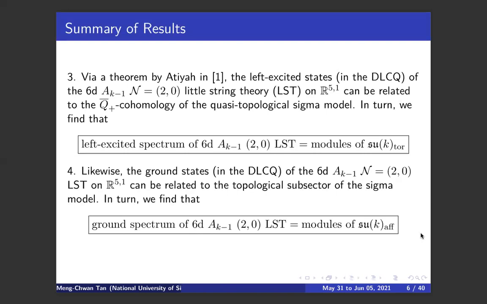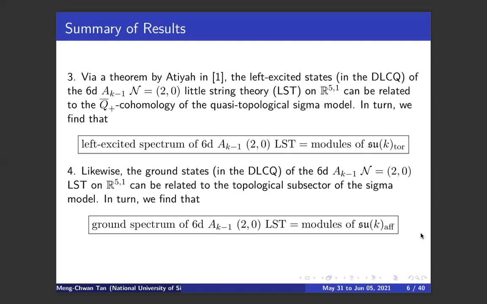So via the theorem by Atiyah, we can say the following: the left excited states in the discrete light cone quantization of the 6D A_n (2,0) little string theory on R5,1 can be related to the Q cohomology of the quasi-topological sigma model. I will explain why. Essentially, just to jump ahead in case people get lost afterwards, the discrete light cone quantization of this 6D little string theory has been shown to be captured by another sigma model, a 4-4 sigma model, on the moduli space of instantons on R4.